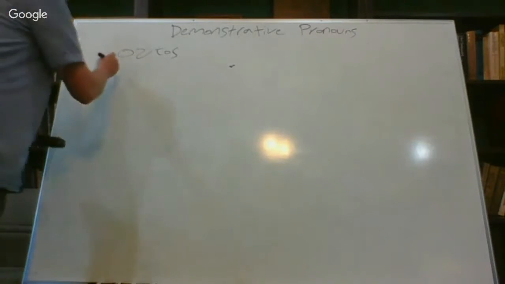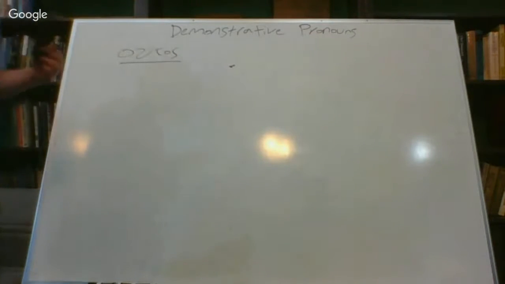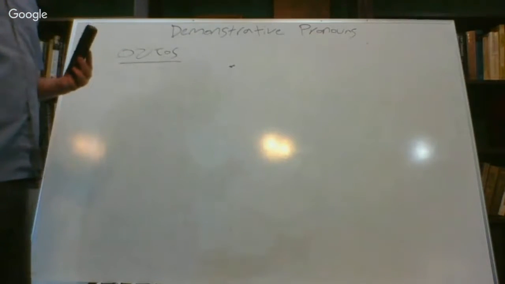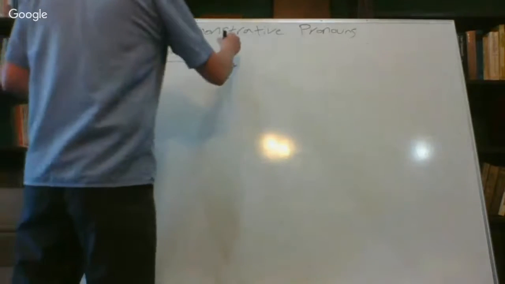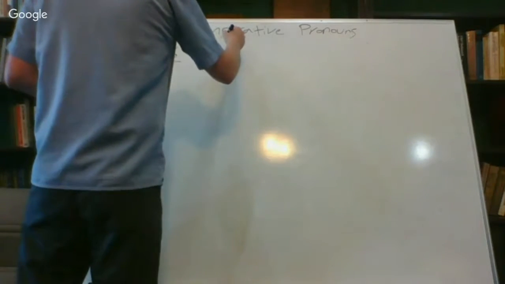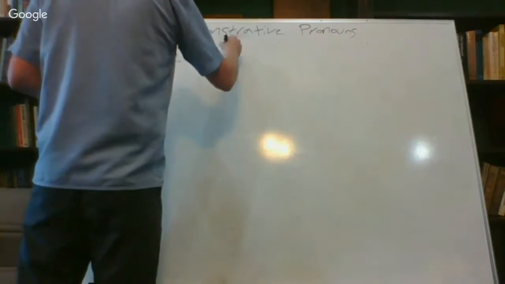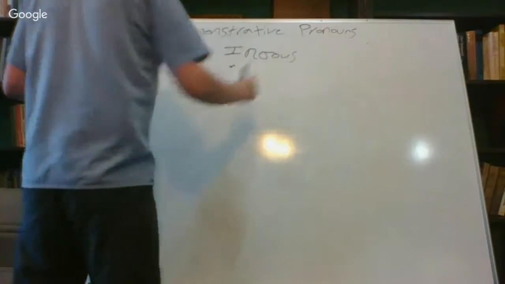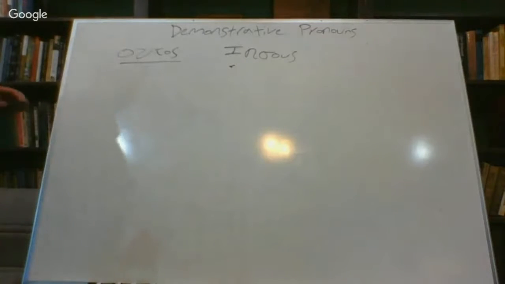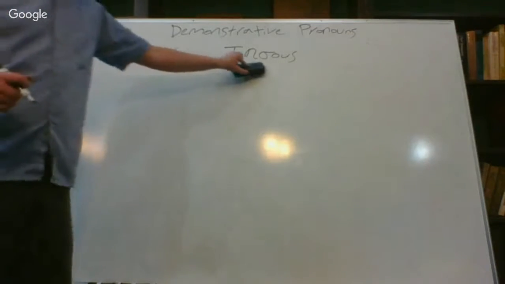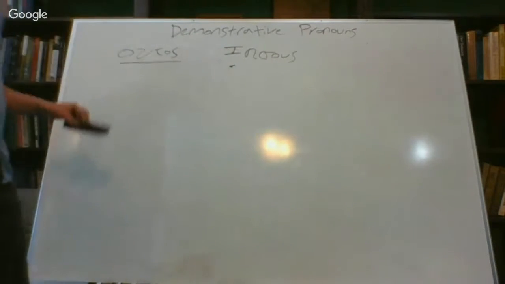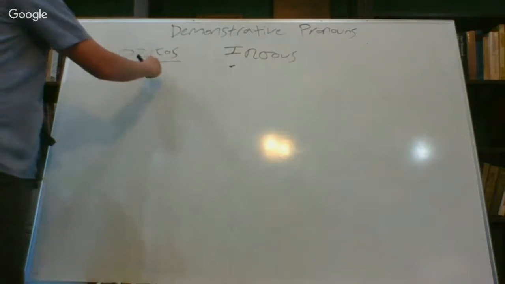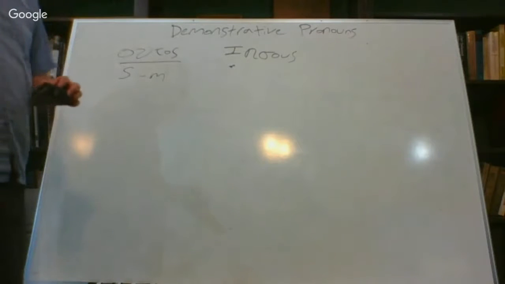But houtos will always be dictated by the noun that's the antecedent. So if you see, let's say Jesus as the antecedent, which is common in Koine Greek, if you see Jesus as the antecedent, houtos always has to be singular and masculine, always.